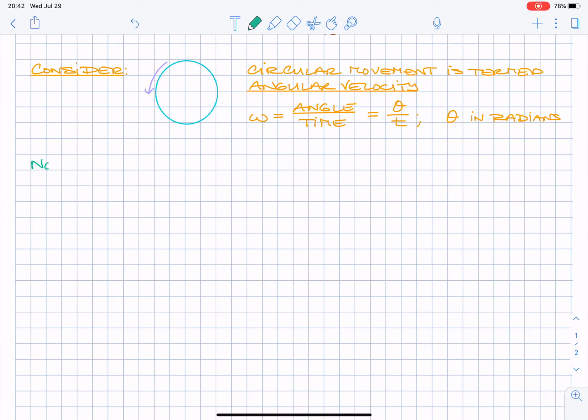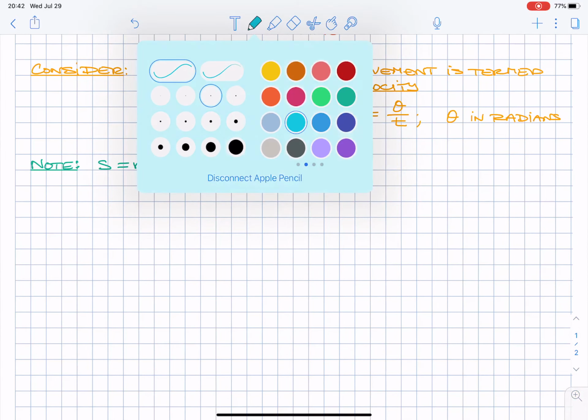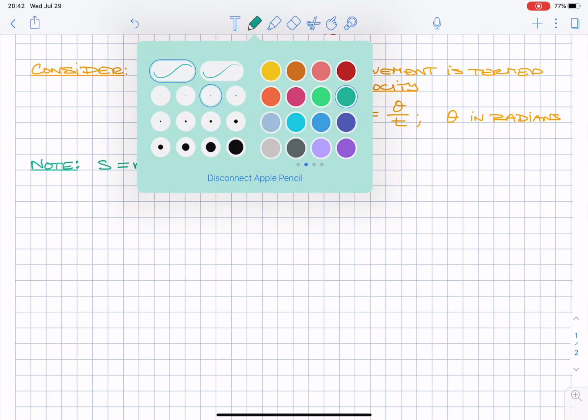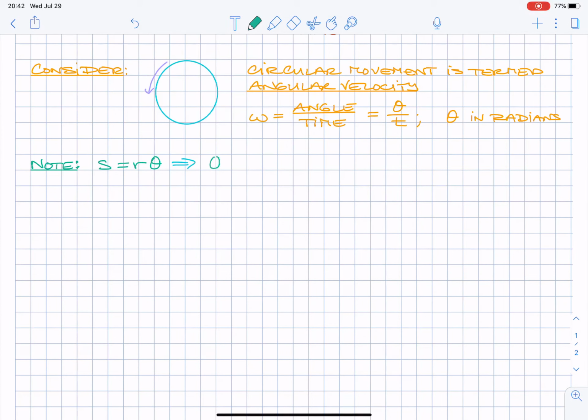Okay, so let's note something. We have that arc length s is radius r times angle theta in radians. So what does that mean? That means if I isolate theta by dividing both sides by r, I can say theta is arc length s divided by r.